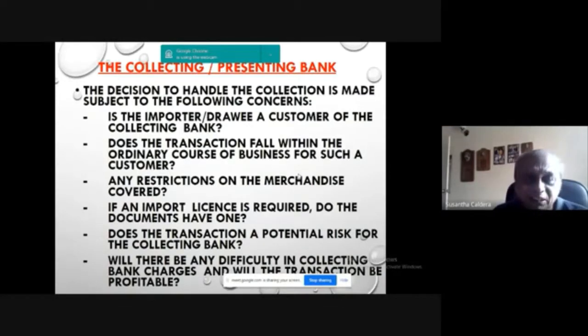So better ask them, you're not a customer of mine, which is your bank? Then you can write to the remitting bank and tell them that we are going to submit these documents to this other bank. Or else you can ask the importer to open an account with you. This is a very good opportunity, cross-selling, a very good opportunity for you to get a new customer.